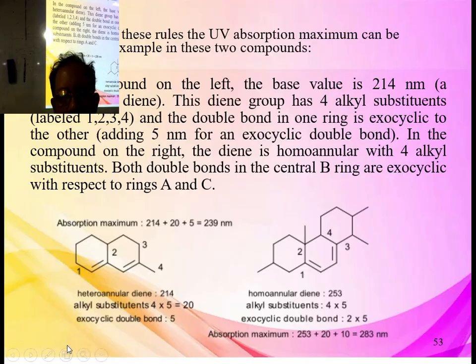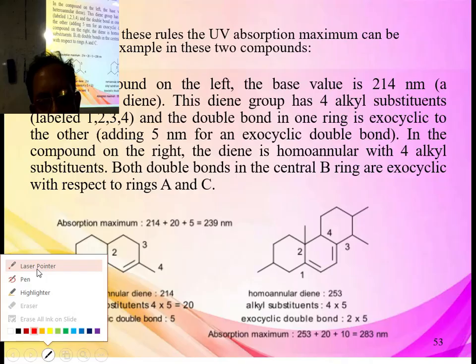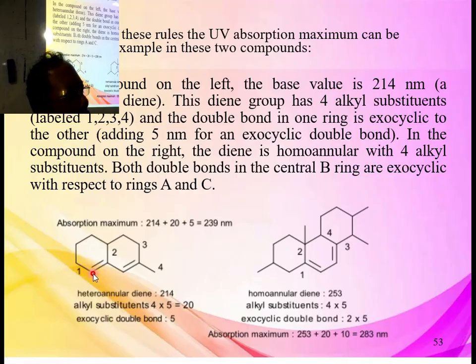Then alkyl substituents: how many alkyl substituents? With respect to this double bond, here it is 2, here it is 3, and here it is 4.